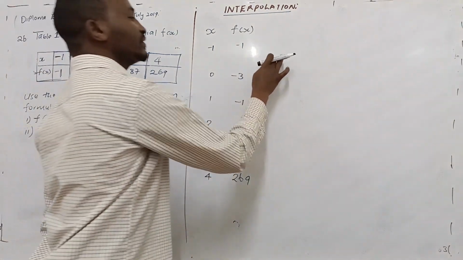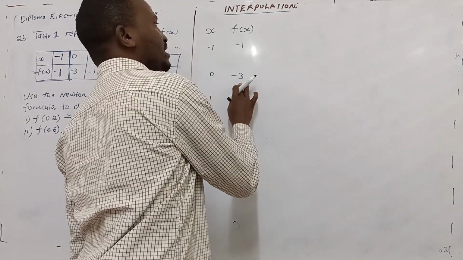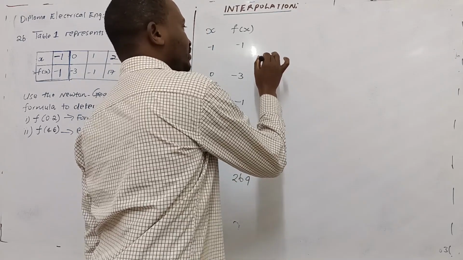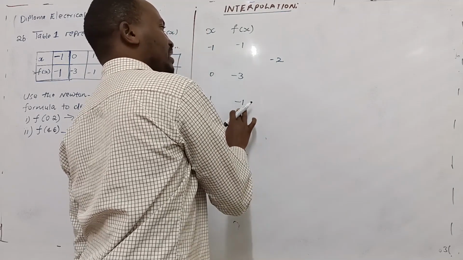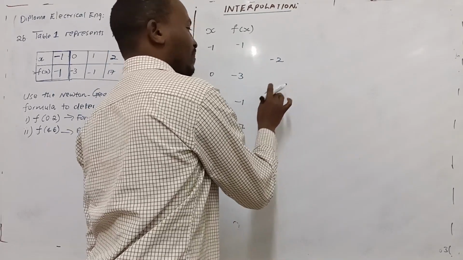If we take this difference, negative 3 minus 1, this is minus 2. This is negative 1 minus 3, this is positive 2.